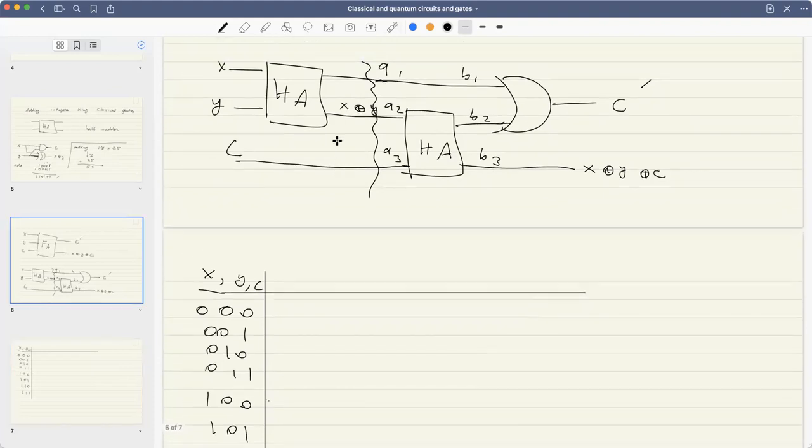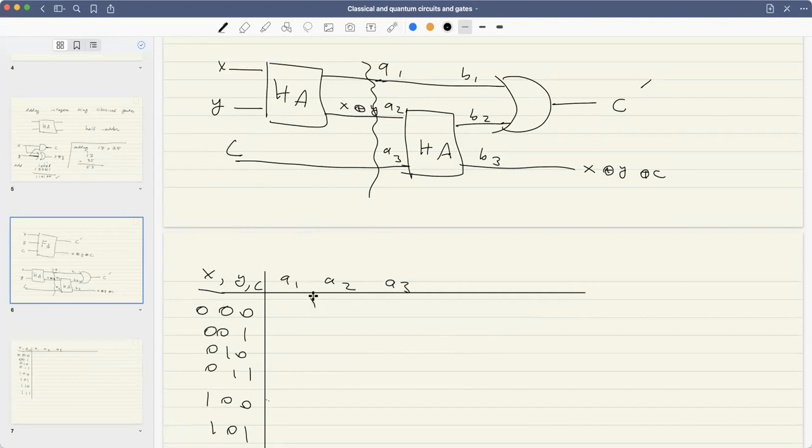Okay, so let's do A1 and A2. For A1 and A2, I should only look at X and Y, the first two, and add them.